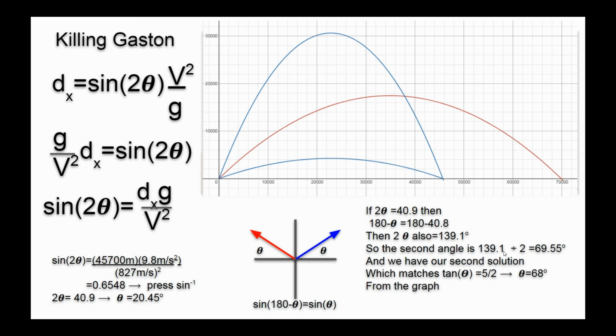So the second angle that works is 139.1 divided by 2, which is 69.55 degrees. And that exactly matches what we measured off here. I set it to be 70 degrees when I did the problem. And when we reverse it out, even with rounding, we get 68 degrees by looking at the graph by eye and doing an inverse tan, and we get 69.55.